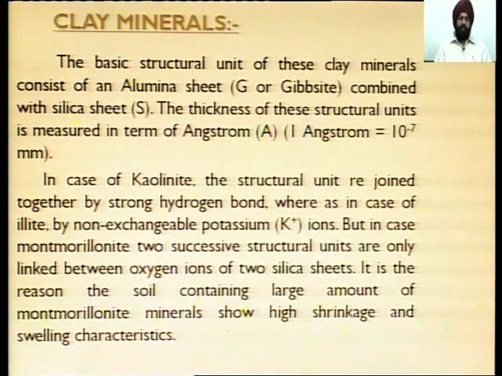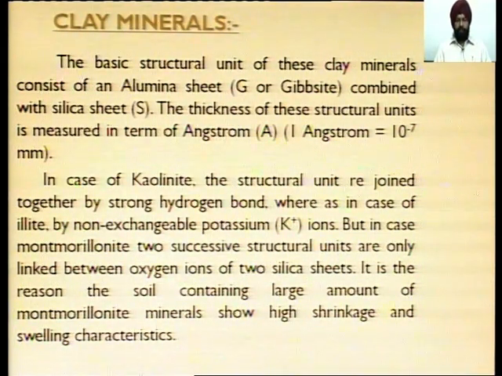Clay minerals: the basic structural unit of these clay minerals consists of an alumina sheet, that is represented by G, or gibbsite, combined with silica sheet, that is represented by S. The thickness of these structural units is measured in terms of angstrom, A, that is 1 angstrom is equal to 10 to the power minus 7 mm.